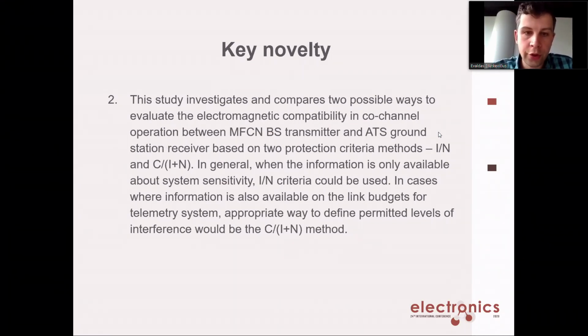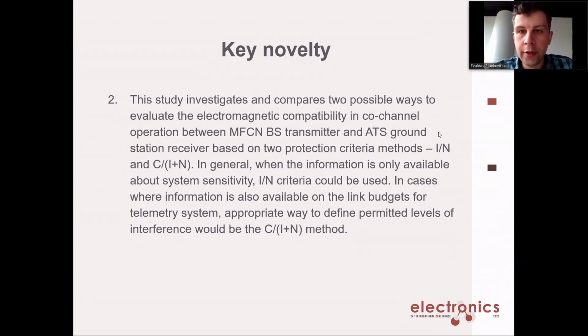So we proposed two possible protection criteria to use. It is I over N, interference over noise, and C over I plus N, which is the carrier signal strength over the interference plus noise.